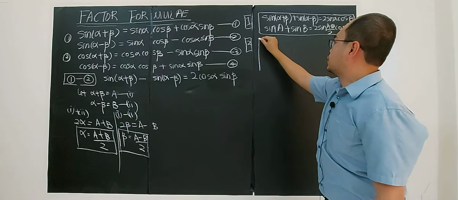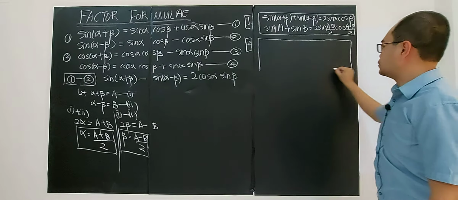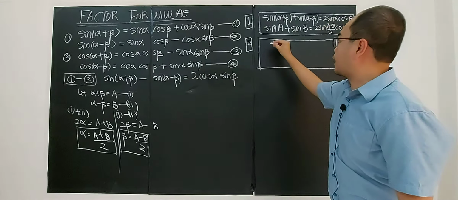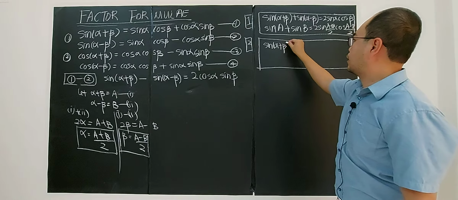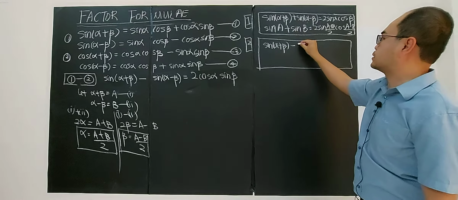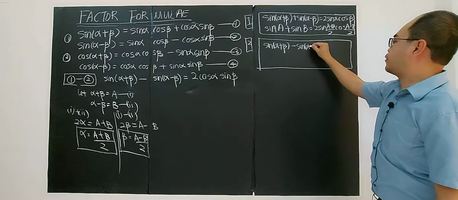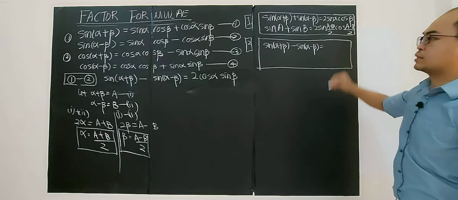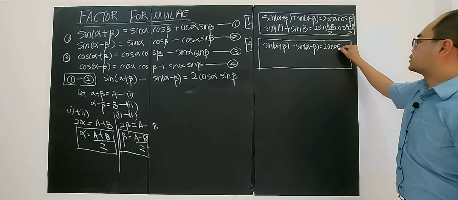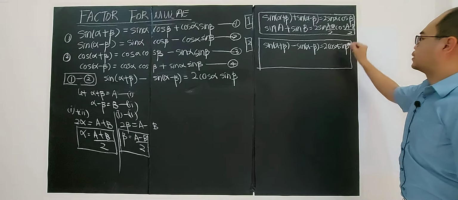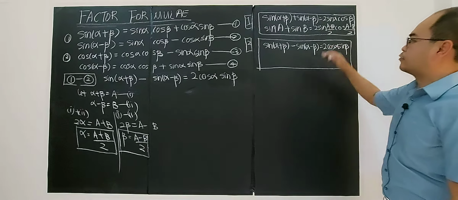Which is sine(alpha plus beta) minus sine(alpha minus beta), which is the same as 2 cos alpha sine beta. This will be another form.